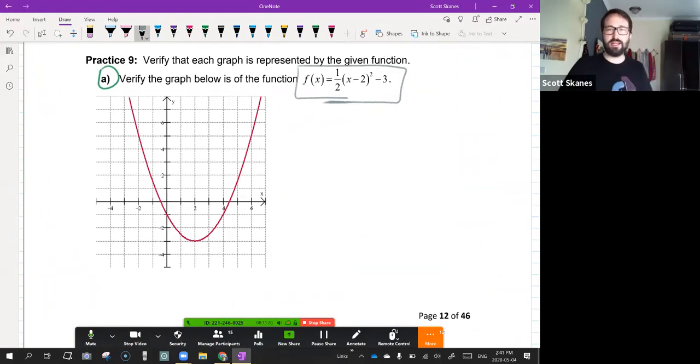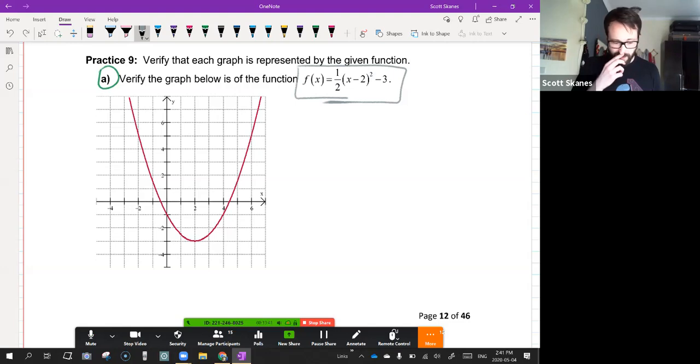Or if I was to stick that into Desmos, am I going to get back this graph? Yes or no? Well, it looks like it's on the right track. I can see that there's a quadratic there, so it should definitely be this shape. And the number in front of it is positive, so it should definitely be the smiley face shape, but I don't know about the numbers themselves.